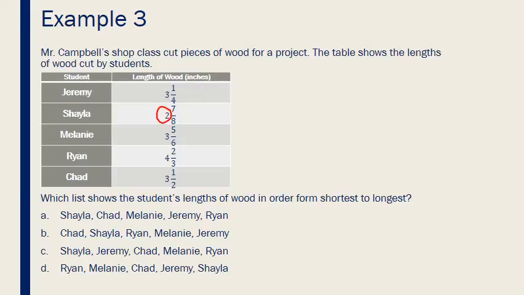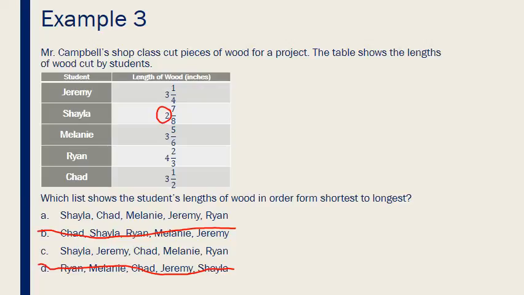So which answer choices can we automatically eliminate? B and C, good job. We're going to take B and C out. We know that we're going from shortest to longest. Shayla has the shortest, and the only 2 answers that start with Shayla are A and C. Now we need to figure out the 3's.